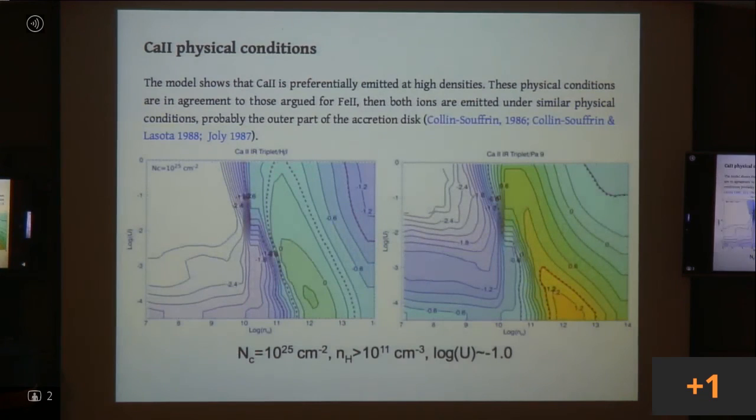So, what do we get? We get that the calcium 2 is emitted in a range of very high densities. As you can see, 10 to the 11.5 to 10 to the 13.5.